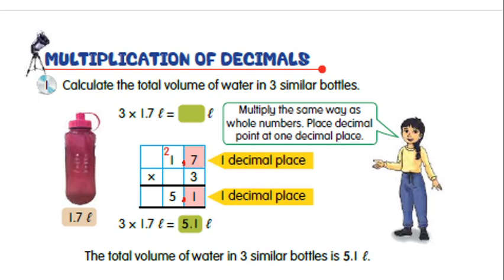Alright, can we put 3 on top? 3 times 1.7 liter. Can we put 3 on top of it? Yes, but this one most of the time will make you confused, kan buat awak jadi keliru. So to be sure and to make sure you get the answer correct, put the decimal on top of the vertical form.